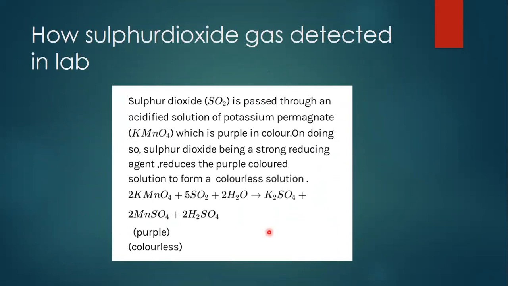Now the next question, how is sulfur dioxide gas detected in the lab? See, if we have to detect sulfur dioxide gas in a lab, it is passed through an acidified solution of potassium permanganate, which is pink or purple in color. On doing so, the sulfur dioxide, being a reducing agent, reduces the purple color to a colorless solution.